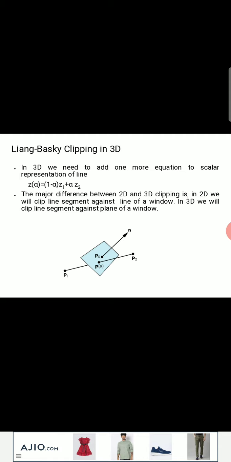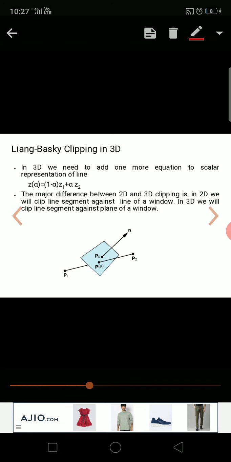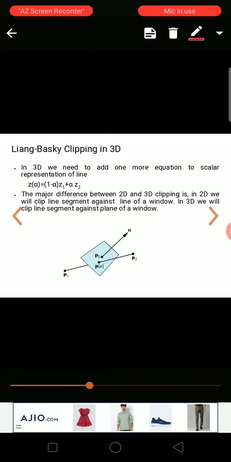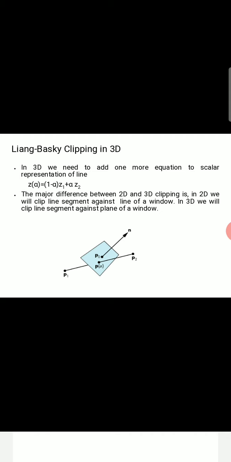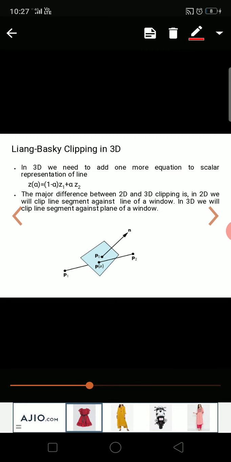Liang-Barsky clipping algorithm in 3 dimensions. In order to extend this to 3 dimensions, we need only add one more equation to the scalar representation of the line. That is z(alpha) is equal to (1 minus alpha) z1 plus alpha z2.